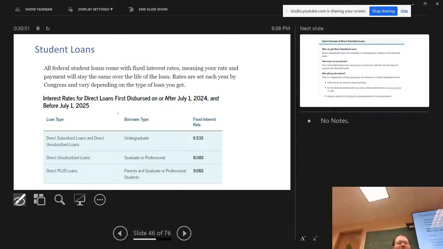Generally, though, the government has things in place on how those work. But one thing you should know about student loans, I hope nobody is ever in this situation, but have you ever heard of somebody filing for bankruptcy before? You have? Okay.